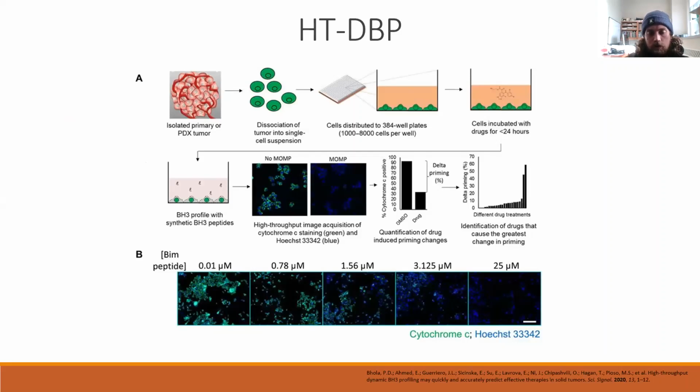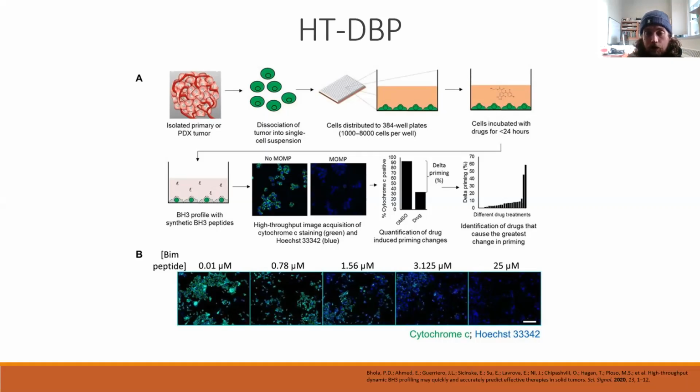And on that note, the Letai lab recently published a paper this year discussing a new technique they call high throughput dynamic BH3 profiling, which is summarized here. They take fresh tumors, dissociate them, and distribute them in large well plates, and each well has a different drug they're incubating with.